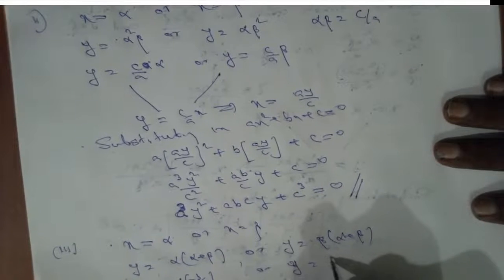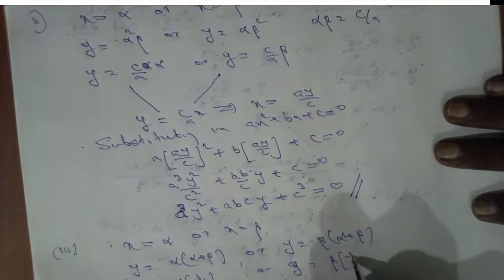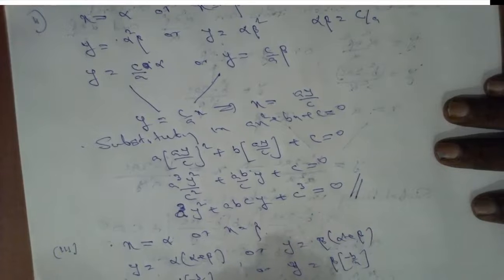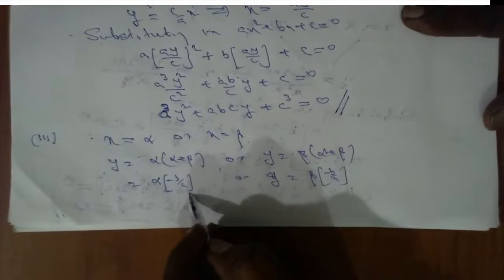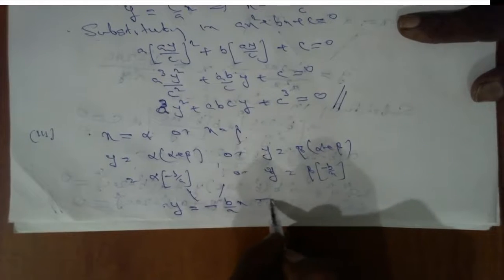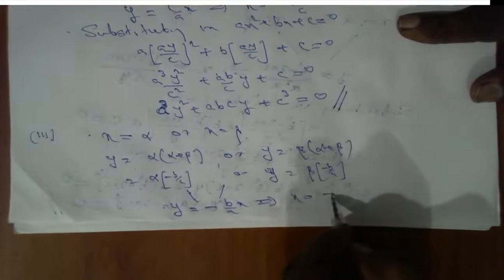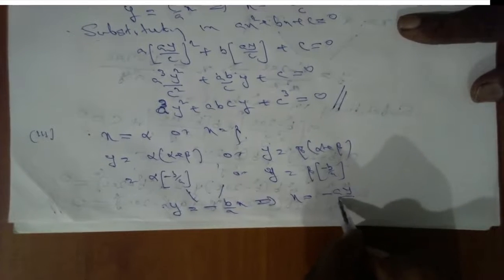So from both expressions you get the relationship between the variables. y equals minus b over a times x. Then x equals minus ay over b.